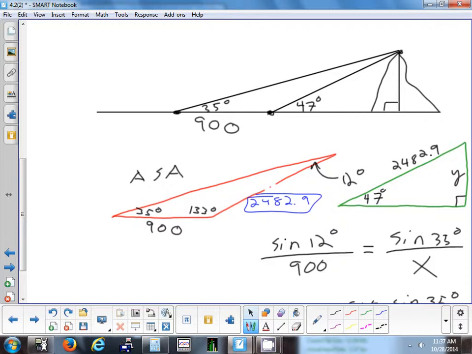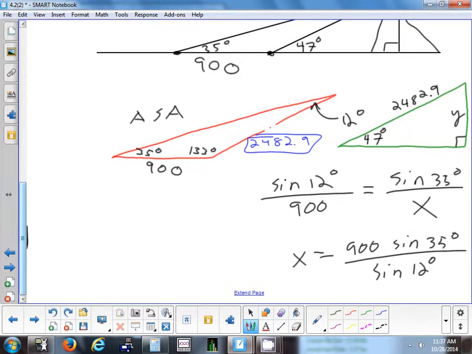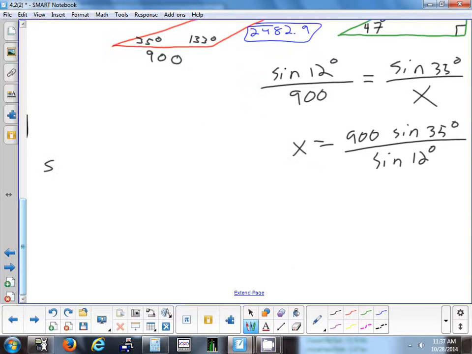Let's look at the names of the two sides that we know in relation to that 47-degree angle. Okay, what's side y? Is that opposite, adjacent, or hypotenuse? Opposite. And then 2,482.9, you guys just said was hypotenuse. Which trig function has opposite and hypotenuse in it? Sine. Okay, so we'll set up our problem and solve for y.